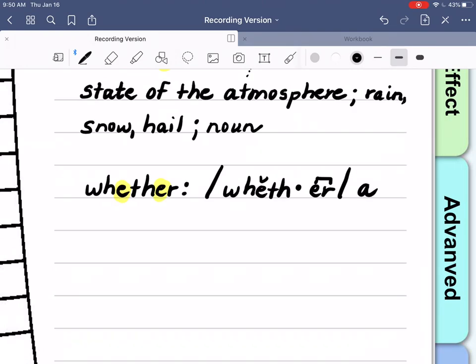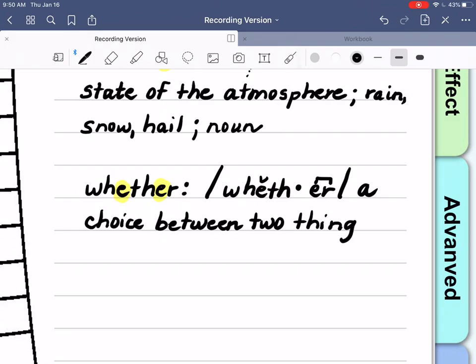Whether is giving you a choice between two things. For example, he is trying to decide whether or not to go. So he has a choice.